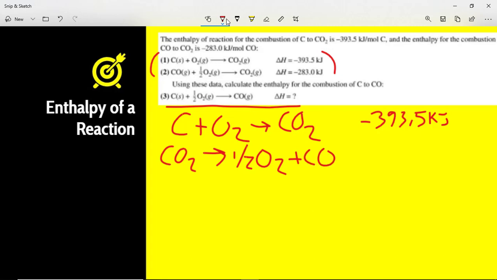Now remember, when you reverse that, the enthalpy sign changes as well. So this ends up being a positive 283 kilojoules. Well, my CO2s cancel, I get half of an oxygen that cancels, and what's left is my full equation.